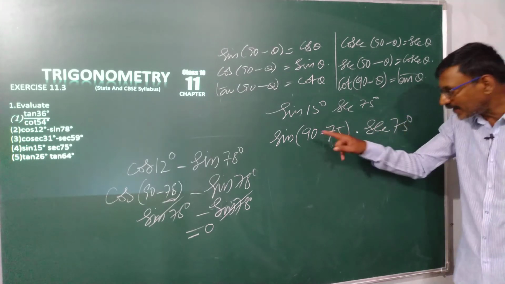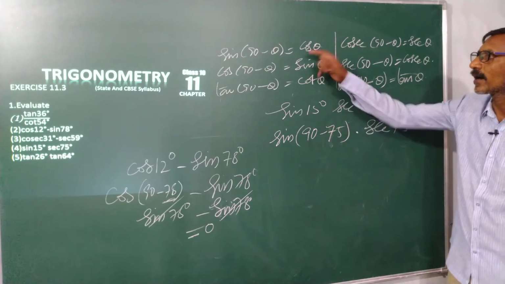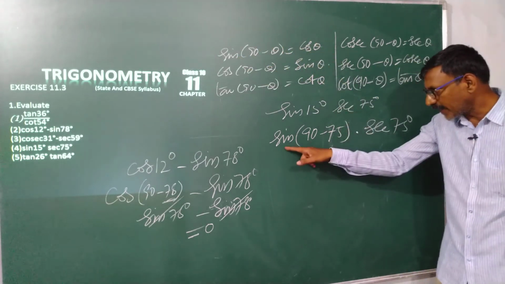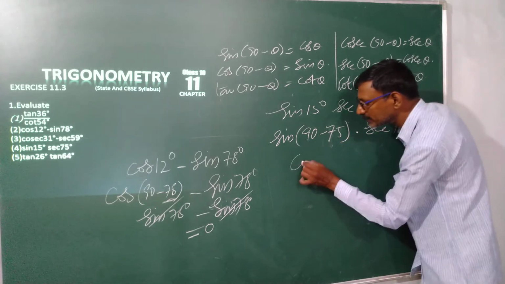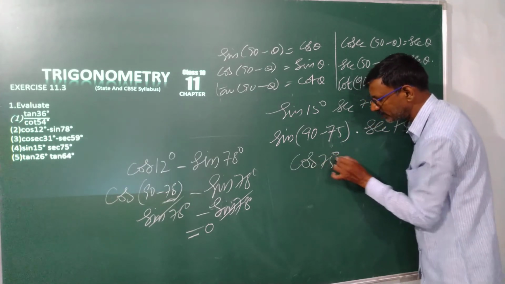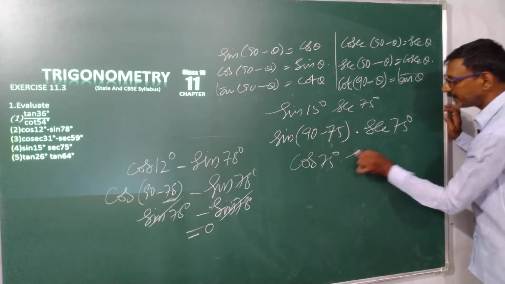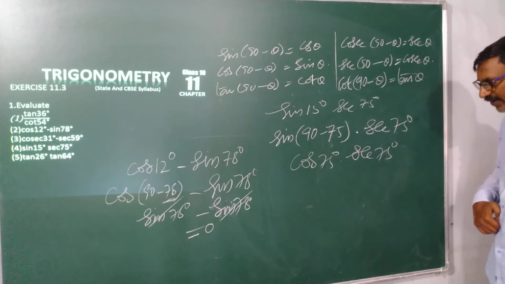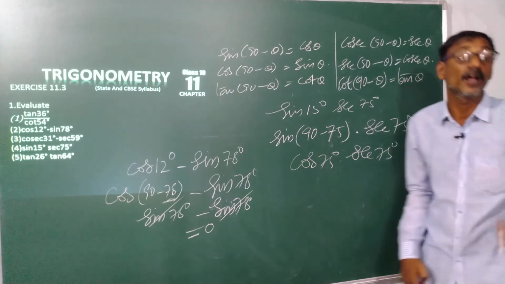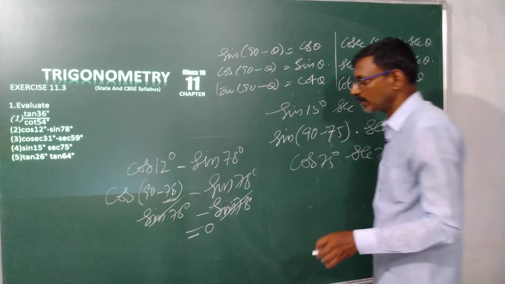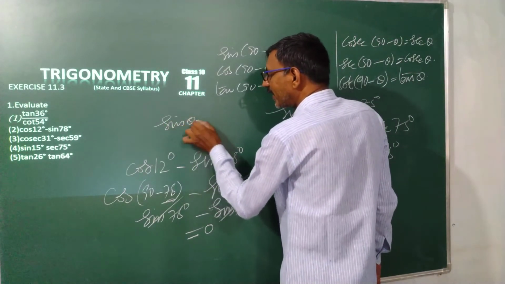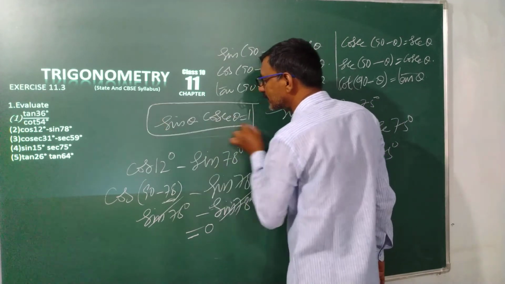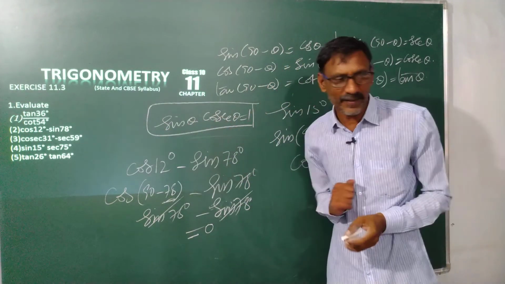Now you can see sin 90 minus theta is cos theta. So sin transfers into cos of angle 75 degrees into this sec 75 degrees. But the very important formula was already explained in the first class: sin theta into cosec theta is always equal to 1, because these two are inverses.